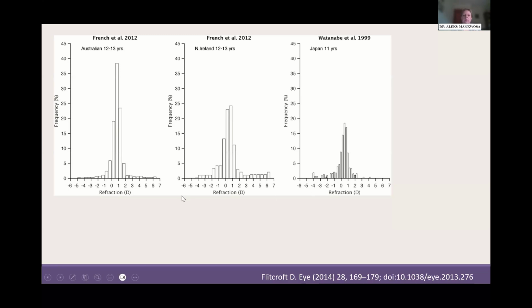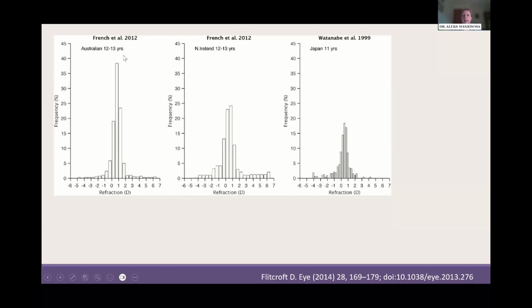Here, again, from the Flitcroft paper, we have 3 representative studies from different parts of the world that show the distribution of refractive error amongst teenagers. We can see that the distribution is slightly different in different parts of the world.